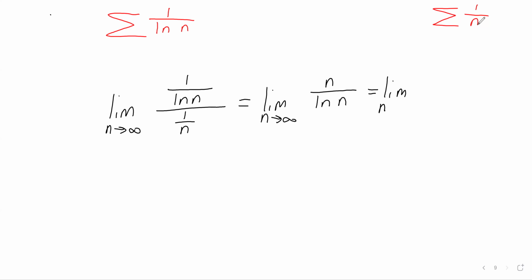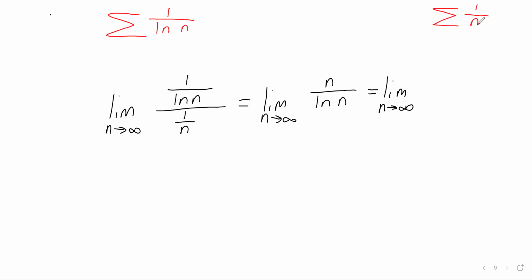We're reaching the point in our mathematical career where ideally you're starting to see that the natural log is growing really, really slowly. The natural log of a big number is much smaller than that number.